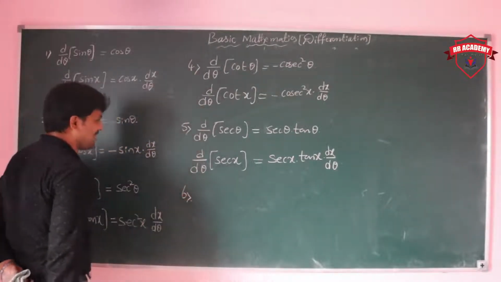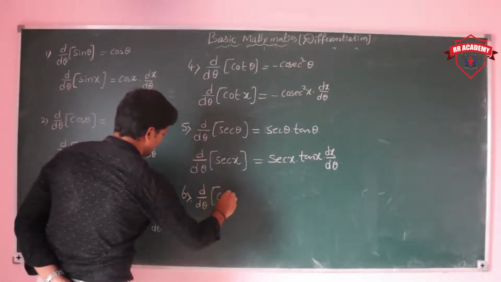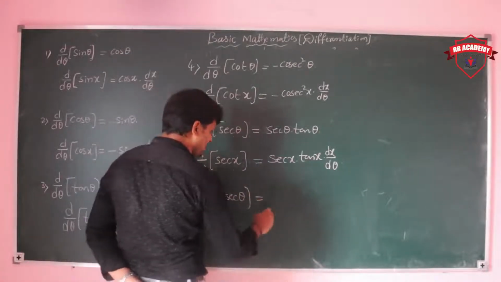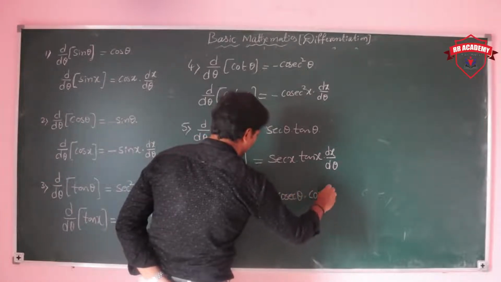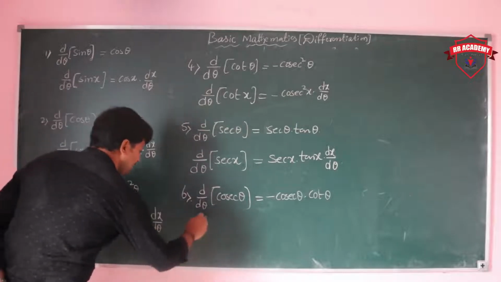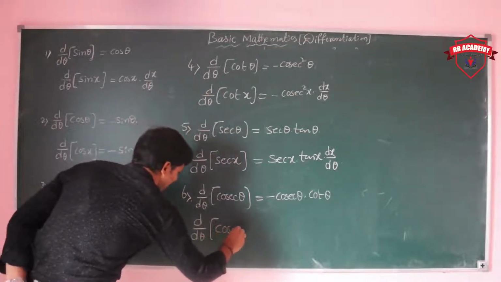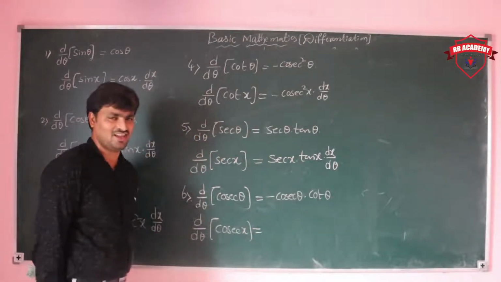Next, last trigonometric function, d by d theta of cosecant theta. Cosecant theta differentiation is minus cosecant theta into cot theta. Then d by d theta of cosecant x is, can you say the formula?